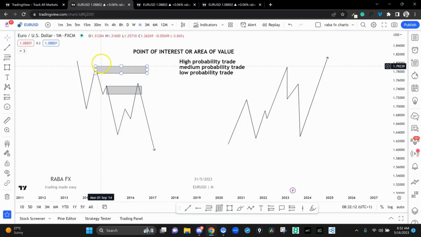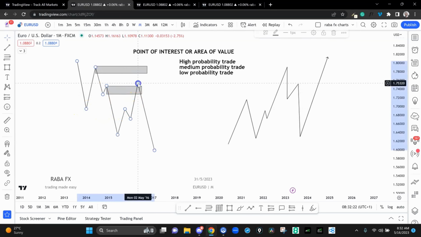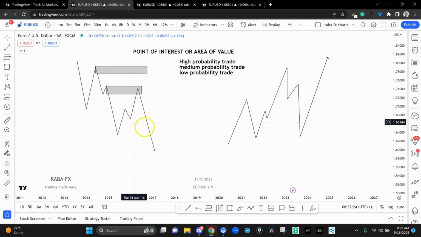So within these two, the first one here, the demand or supply that takes out the opposing demand or supply, I tag it as medium probability. In my previous video, I used the word 50% level, because most times they fall within the 50% of the move that broke structure. First of all, you must have a market structure, either bearish or bullish structure.